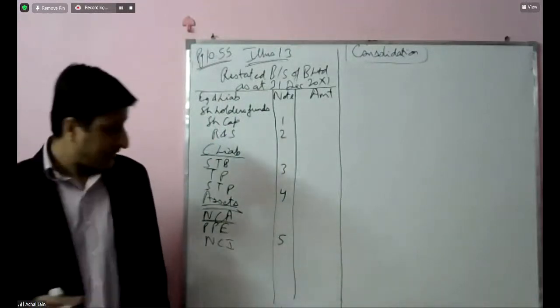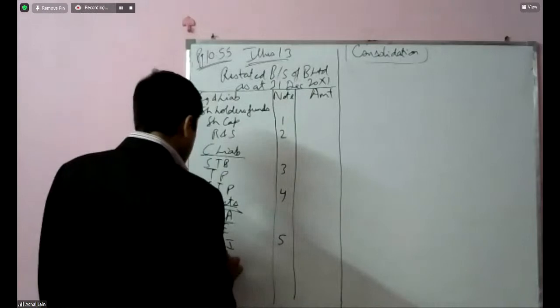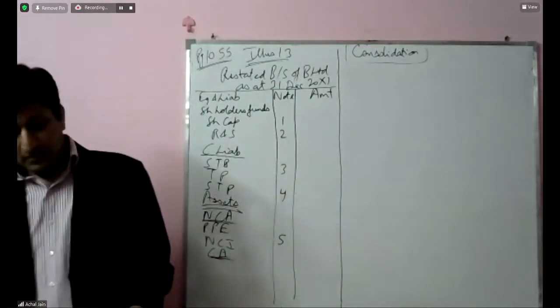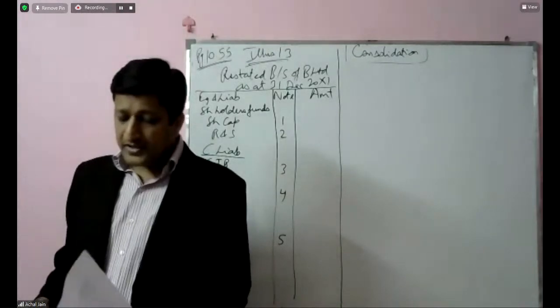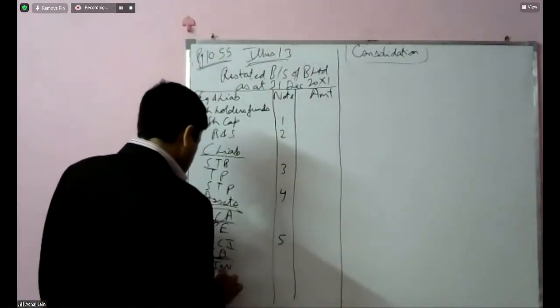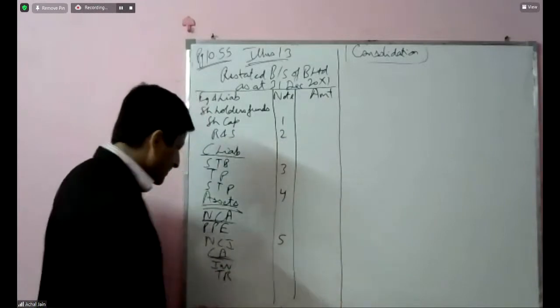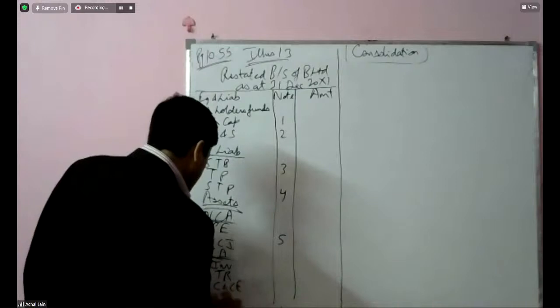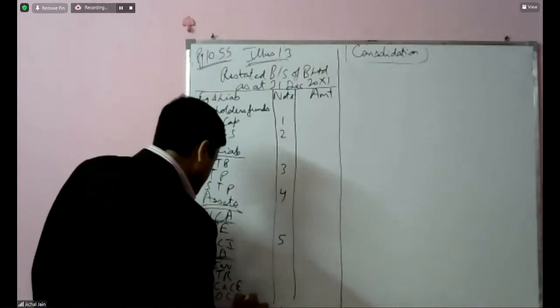Then we have current assets. Inventories, trade receivables, cash and cash equivalent, other current assets.